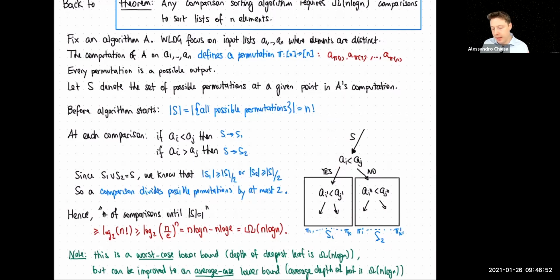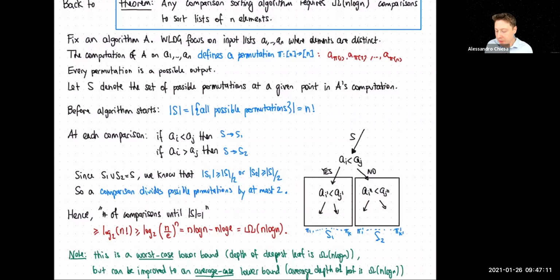Depending on the answer, it may do a different comparison, or at least I hope it does. It might be a stupid algorithm that compares AI and AJ, gets an answer and ignores it, and does the same comparison regardless. But it will do something.